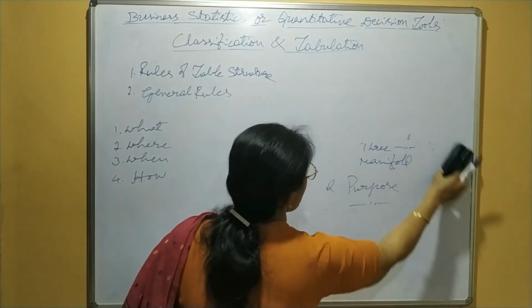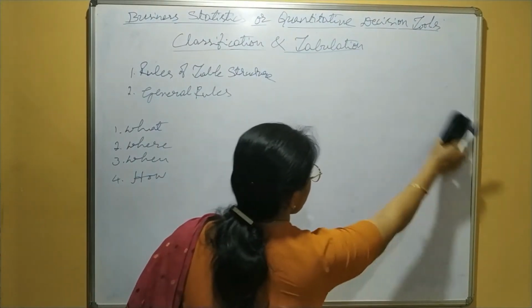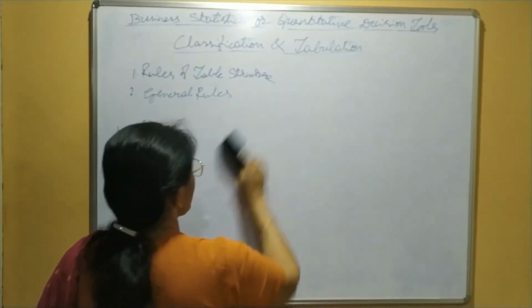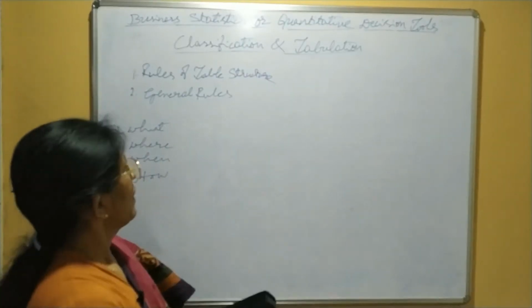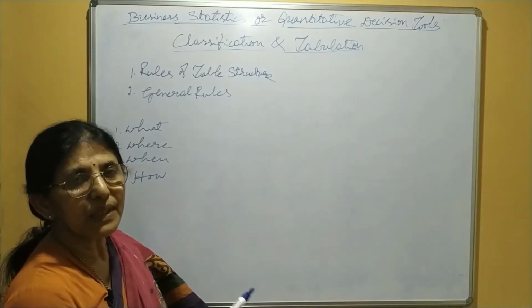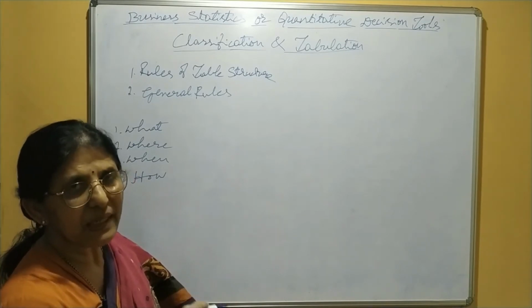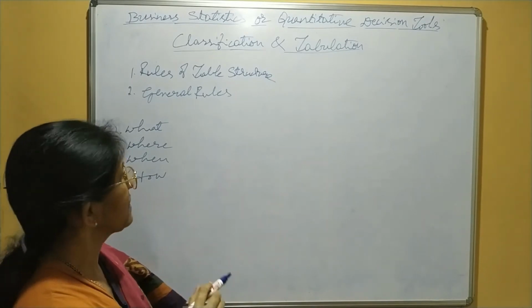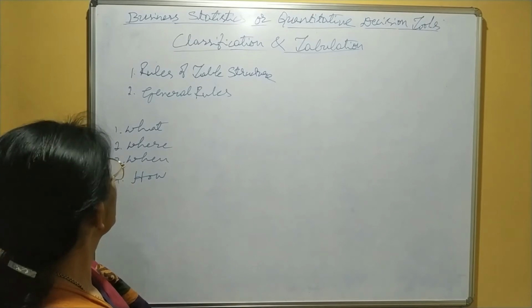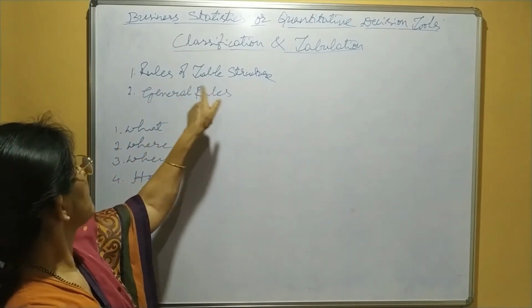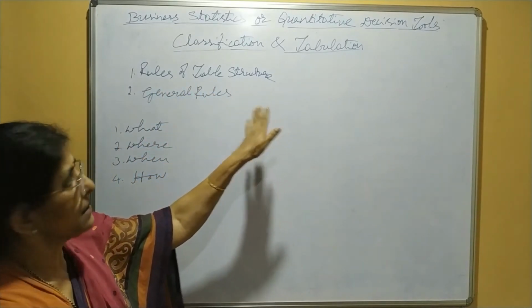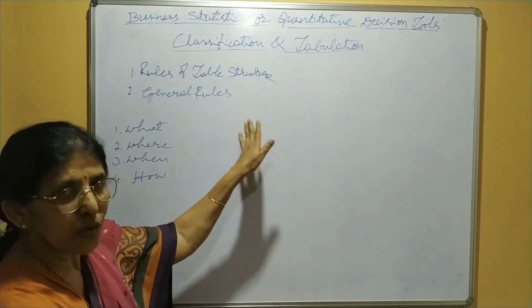Now, when you come to drafting a table, while drafting the table, we have to consider the given number of characteristics and aspects in each characteristic, and we have to keep in mind the rules of table structure as well as general rules.